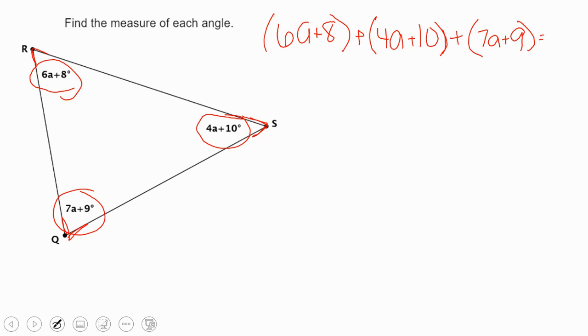All three of those angles need to equal 180. When you are doing problems like this, you simplify by combining like terms. So 6a, 4a, and 7a gives you 17a. And then the constants: 8, 10, and 9 add to give you 27.